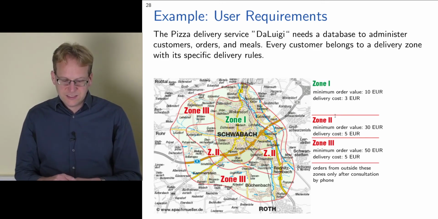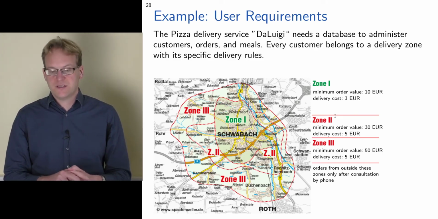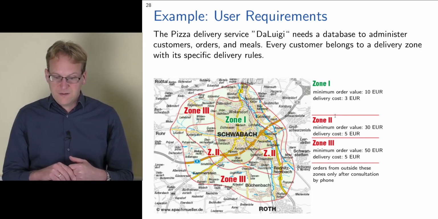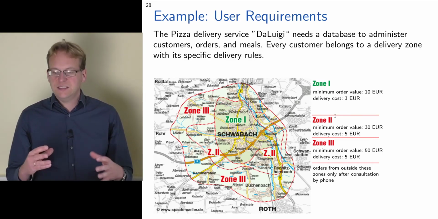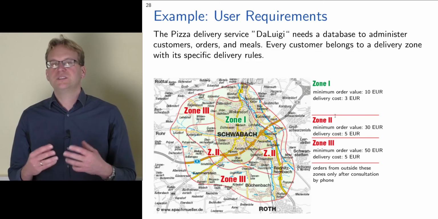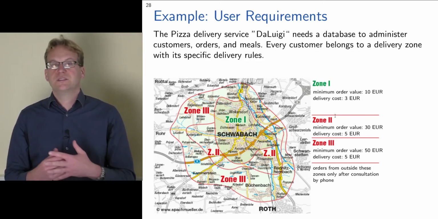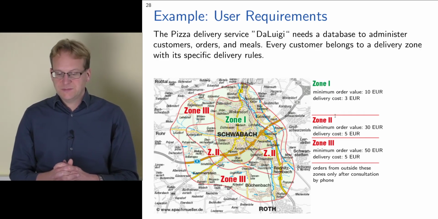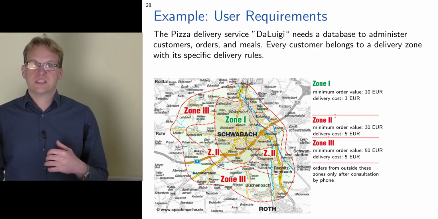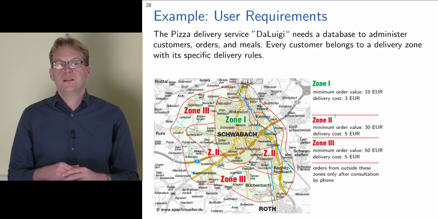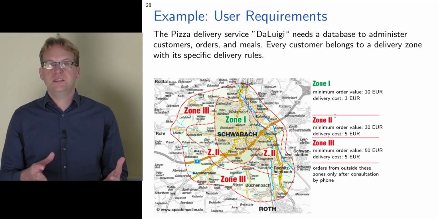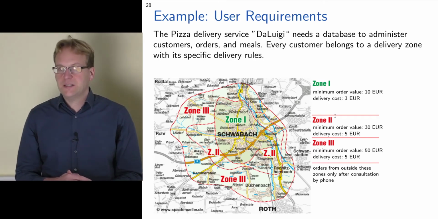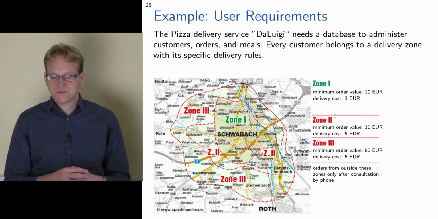They are operating here in Schwabach, a German town, and the surroundings of that town. This pizza delivery service needs a database to administer their customers, orders, deliveries, and meals, and to keep information like which customer ordered which meal, what is the price of that meal, and what are the items the meal consists of. That should be collected in a database.